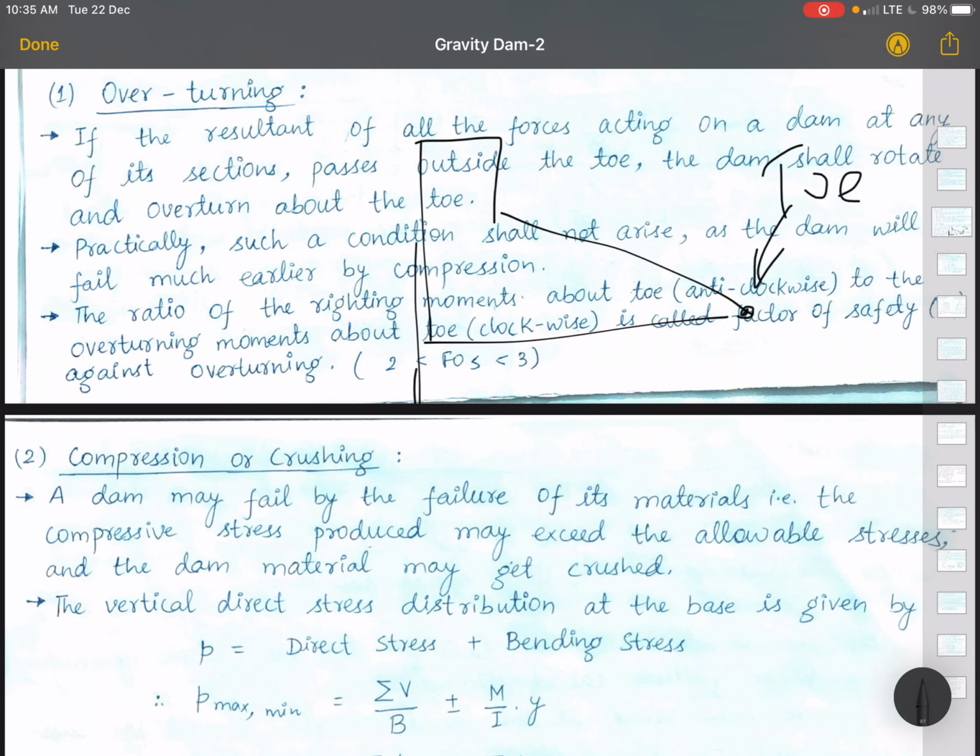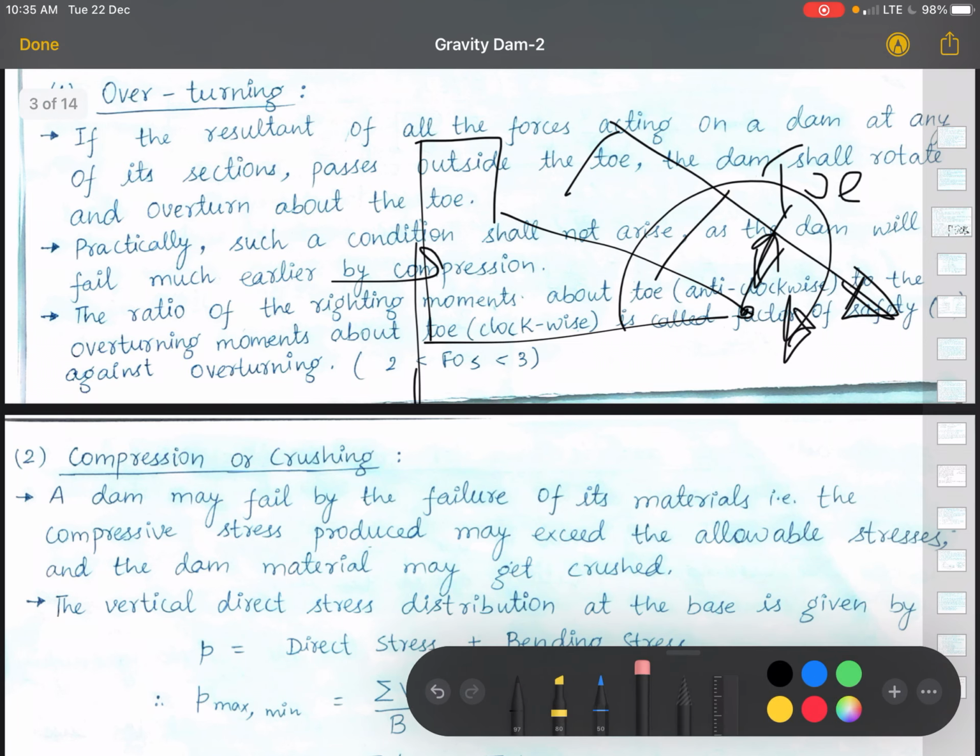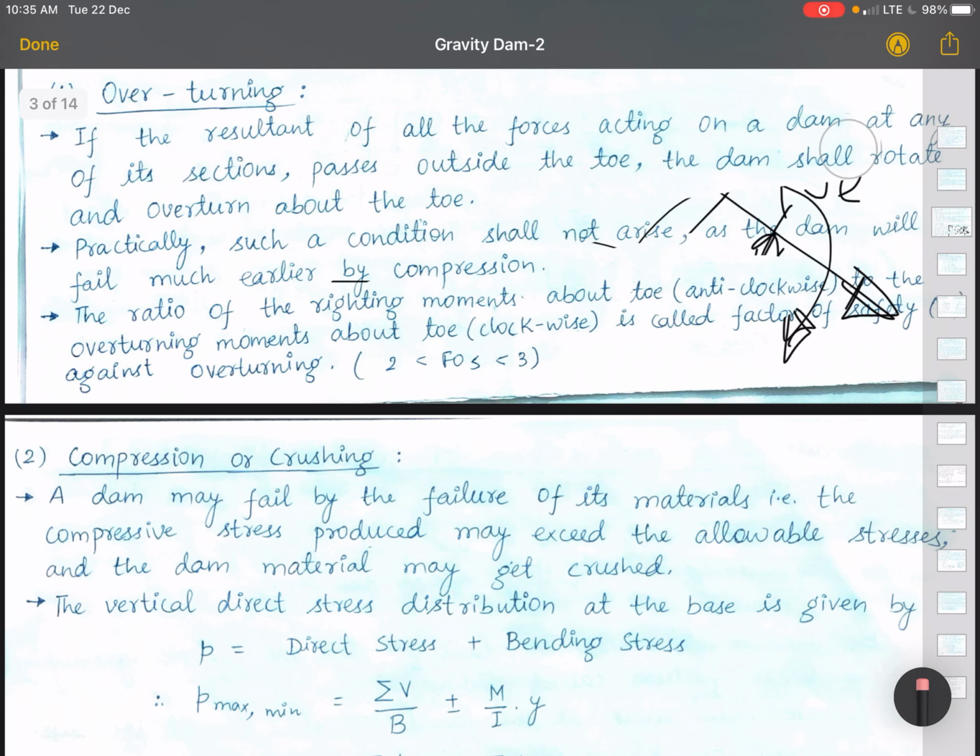If the resultant of all the forces passes through an outside point like this, this distance will create an external moment, and it will make the dam rotate. So this is not acceptable.